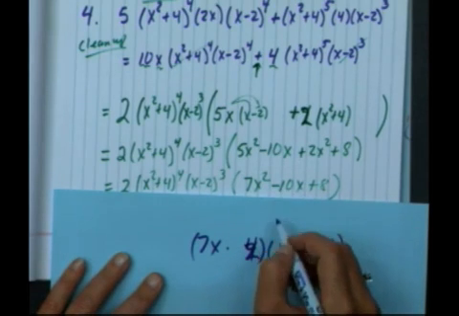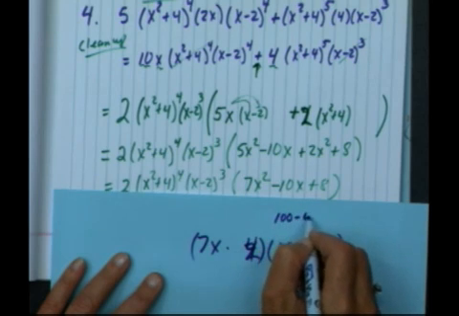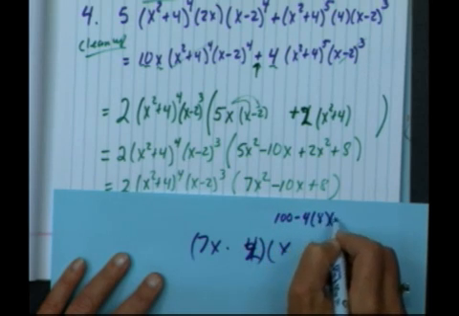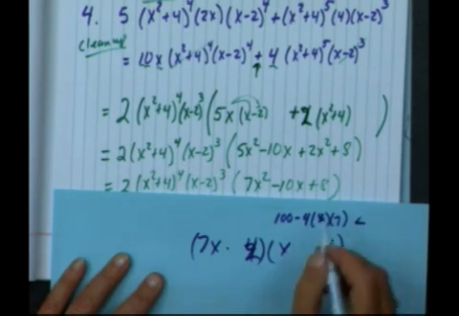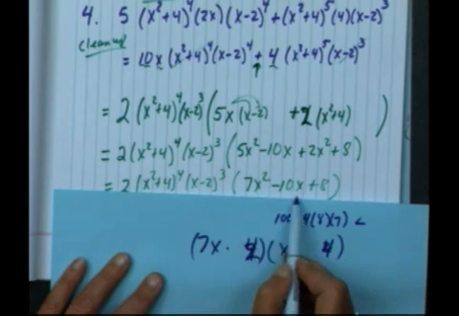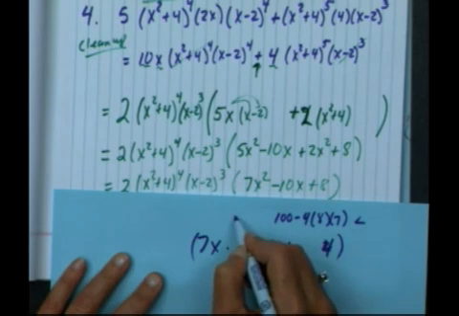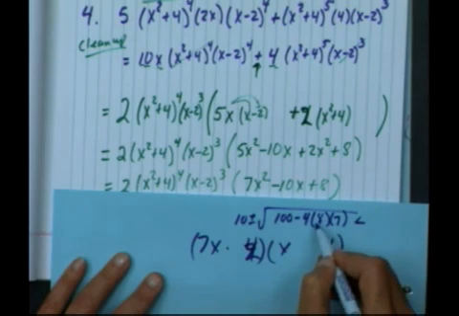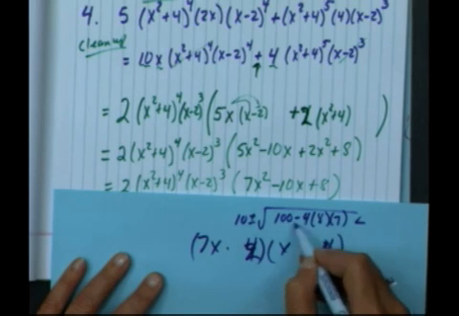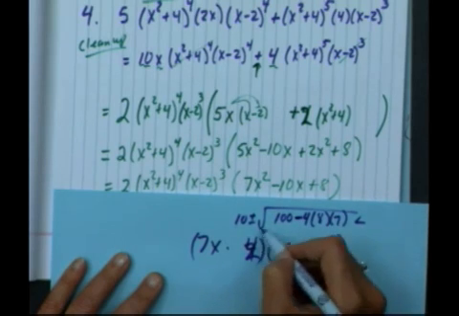B squared is 100 minus 4 times 8 times 7. That's negative, right? The b squared minus 4ac, the part that goes under the square root symbol. That's going to be a negative number. 4 times 8 is 32, 32 times 7, so it can't be factored any further.